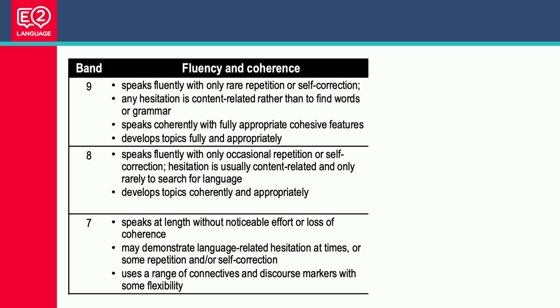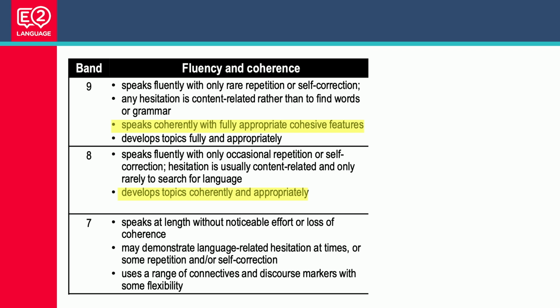Let's look at the higher band levels here. Band 8 develops topics coherently and appropriately. This is the first time we get any mention of topic development up in band 8. So there's actually no mention of it in bands 7, 6, and lower than that. Up at band 9, speaks coherently with fully appropriate cohesive features.